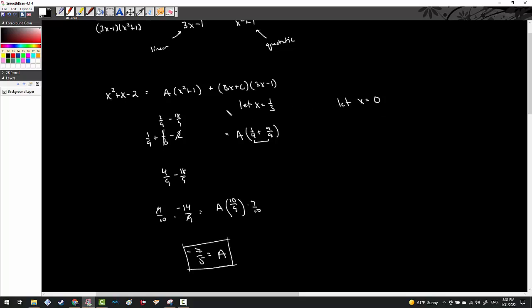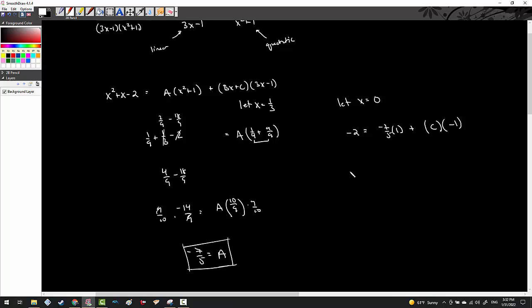So let x equal 0, that means on the left side I'll have negative 2, and that's going to equal, let's see, that guy's going to go to 1, and we already know that a is negative 7/5. So you see how that's workable, right? Then plus b times 0 is 0, but all I have is c times, looks like -1 right here.